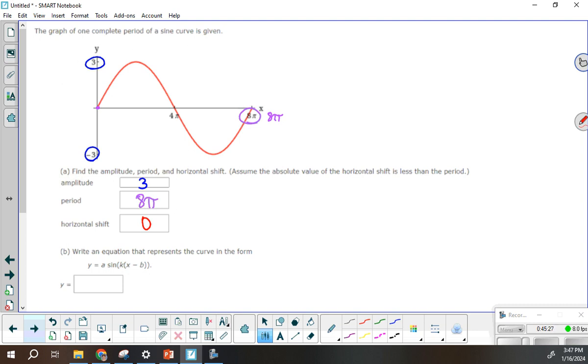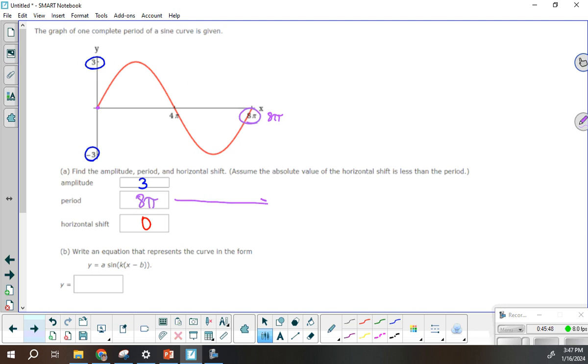Now, write an equation that represents the curve in the form y equals a sine k x minus b. So, how do we get a period of 8 pi? How do we know what our k is? Well, you can kind of work backwards. That's the beauty here.